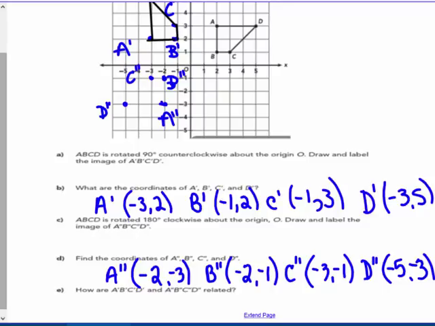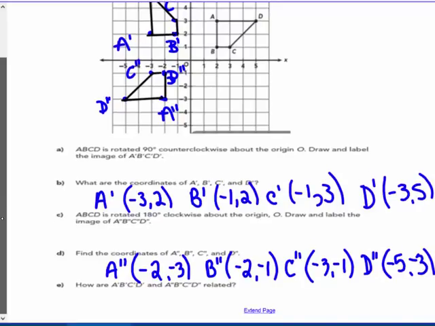So I'm going to connect those with a straight edge. Try to get them to connect correctly. Pretty good.